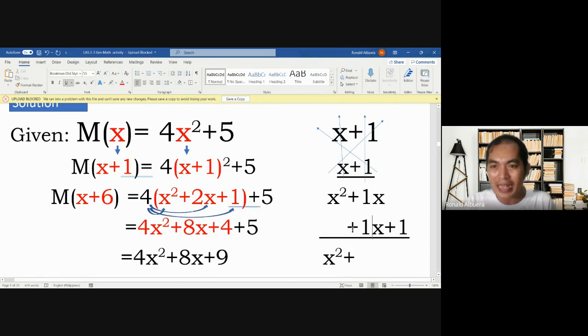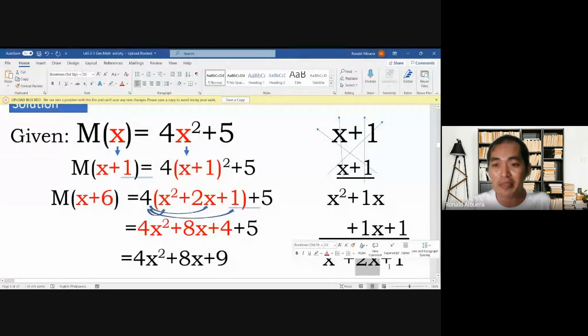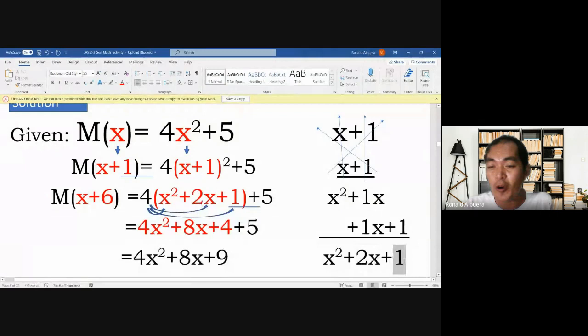Positive 1 plus positive 1 is 2. So you just copy the literal coefficient, then bring down positive 1. These three terms are dissimilar. You cannot combine. So this is now the final answer. If you notice, we have the same answer. But then, there is a shortcut.